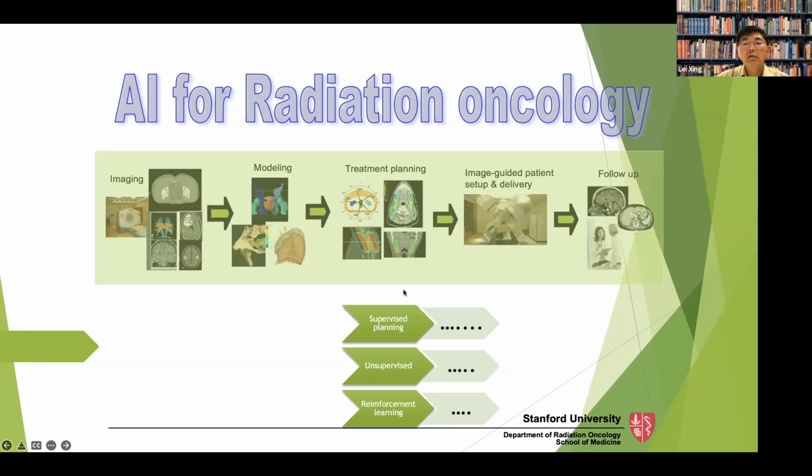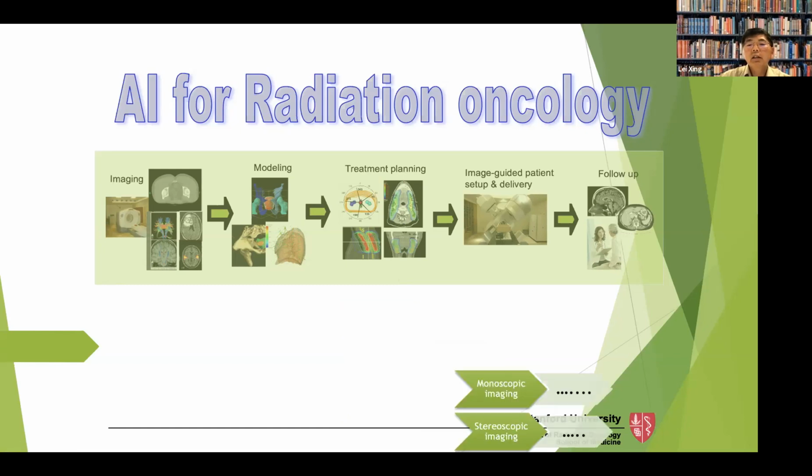You don't want to give a high dose because otherwise there will be a lot of complications. This optimization process needs AI to automate. Right now it's a manual optimization. I'm not going to go into the detail, but using AI and data-driven methods, you can automate the process.